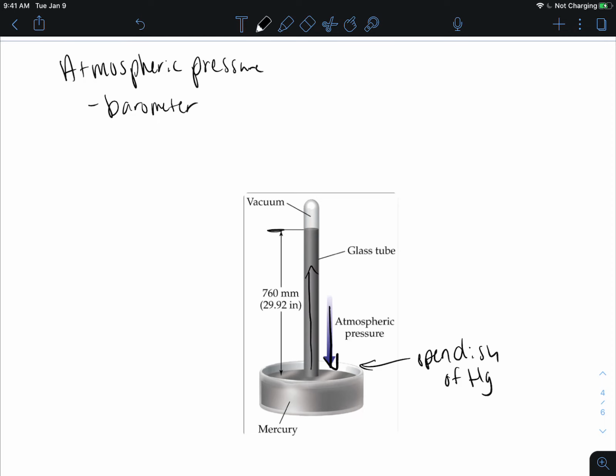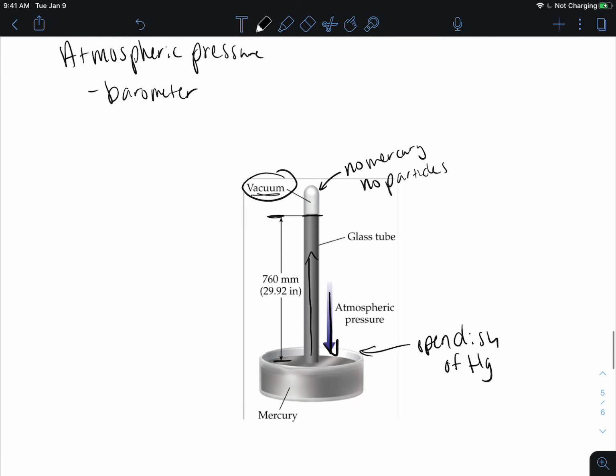And then you can look at the height difference between the pool of mercury and this tube, and you can determine the pressure in millimeters of mercury. This right here, this place with no mercury, is going to be under vacuum, so there are no particles whatsoever, so nothing that's going to be exerting its own pressure against this column of mercury.